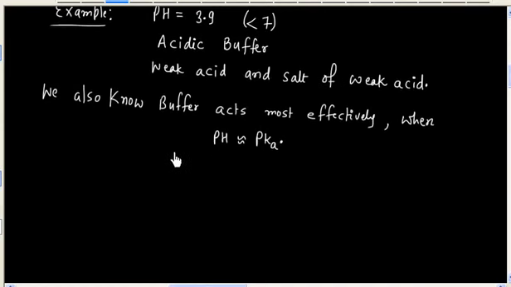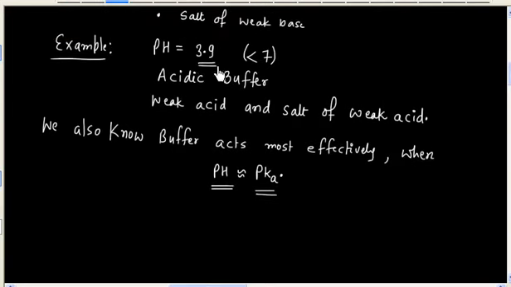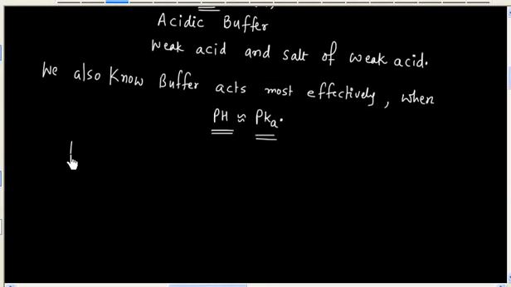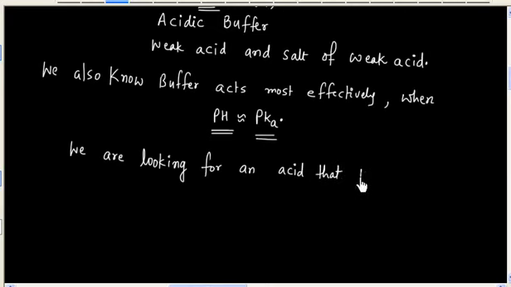This means I have to look for an acid that has pKa value very close to pH. In this case, pH is 3.9. So we are looking for an acid that has pKa value close to 3.9.